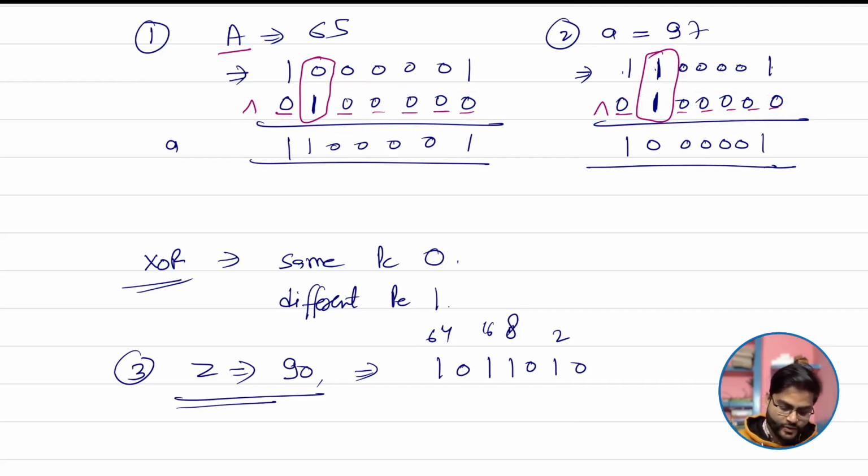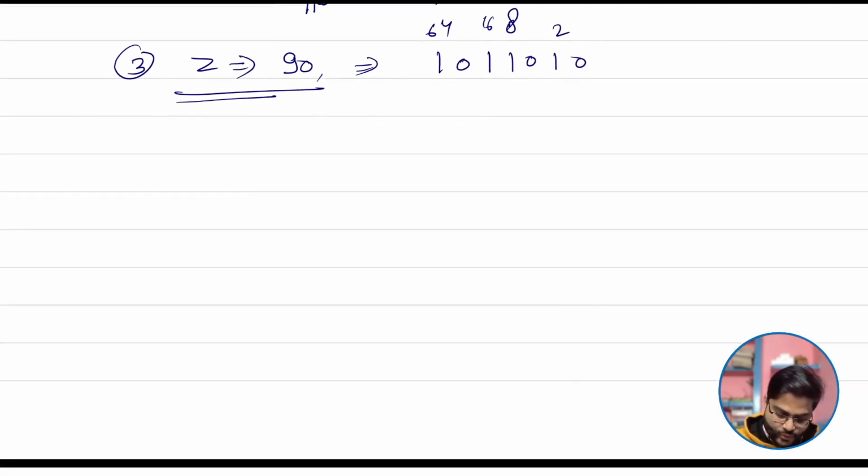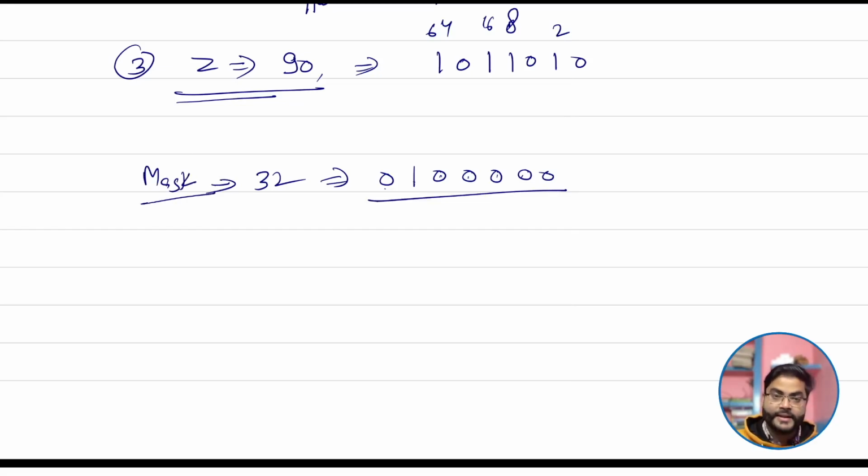So what is this mask? This mask is nothing but 32: 0, 1, 0, 0, 0, 0, 0, with place values 1, 2, 4, 8, 16, 32, 64. If I do character XOR with my mask, it will invert that character.